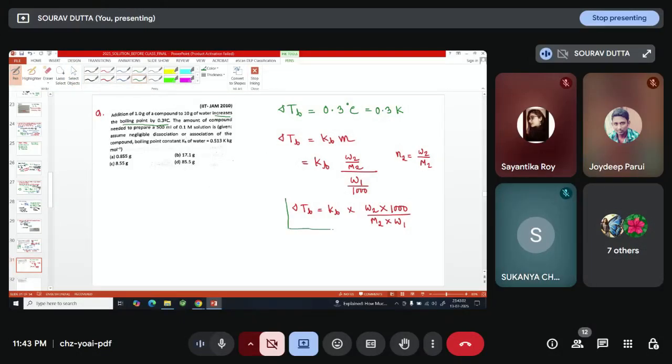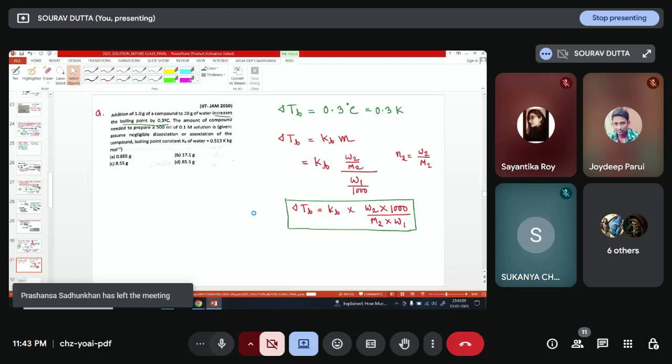Delta TB equals Kb into w2 into 1000 divided by m2 into w1.